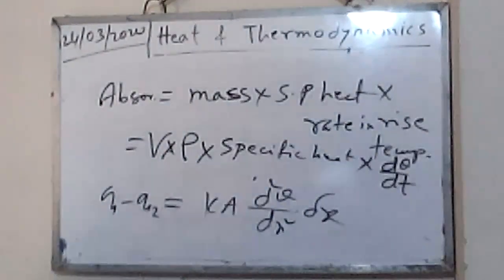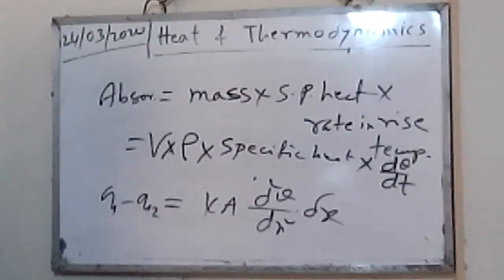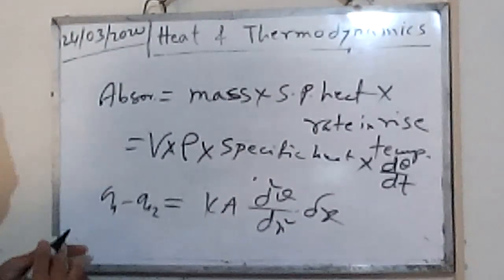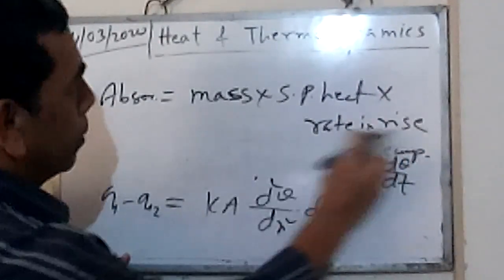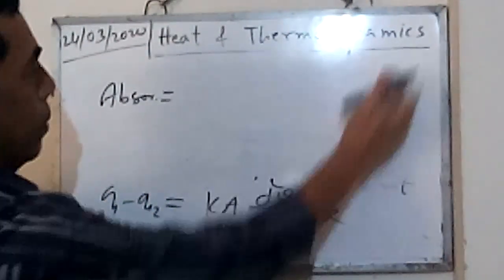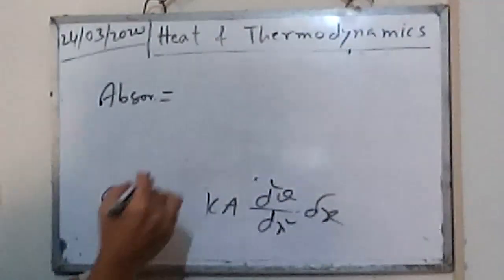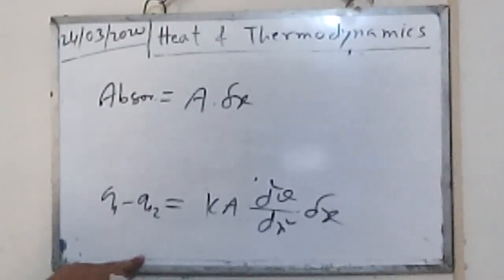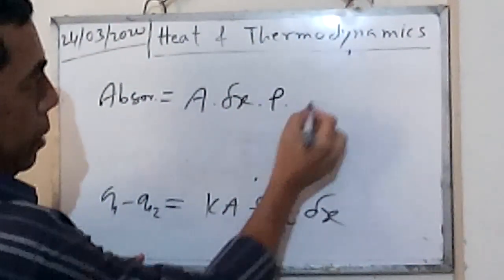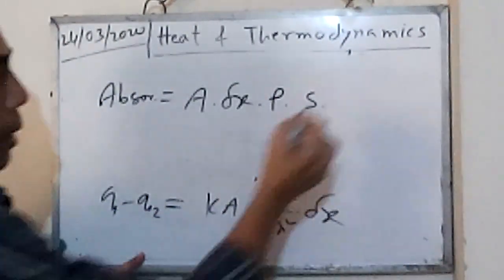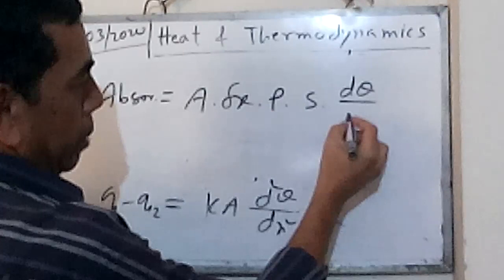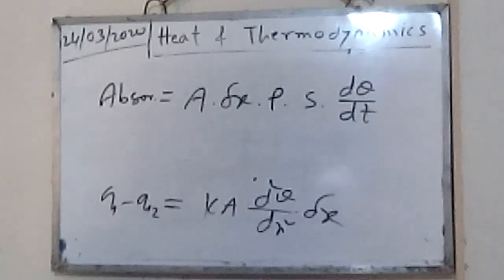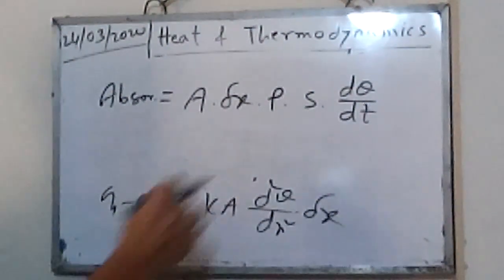So volume equals area into distance, then density, then specific heat, and the rate of rise in temperature, d theta by dt.